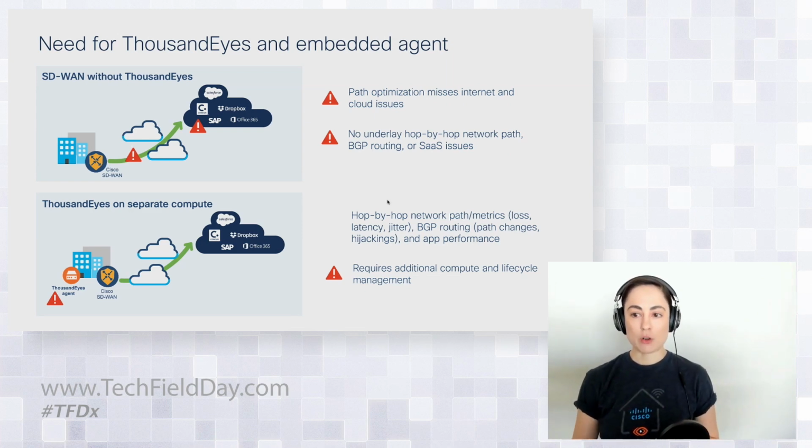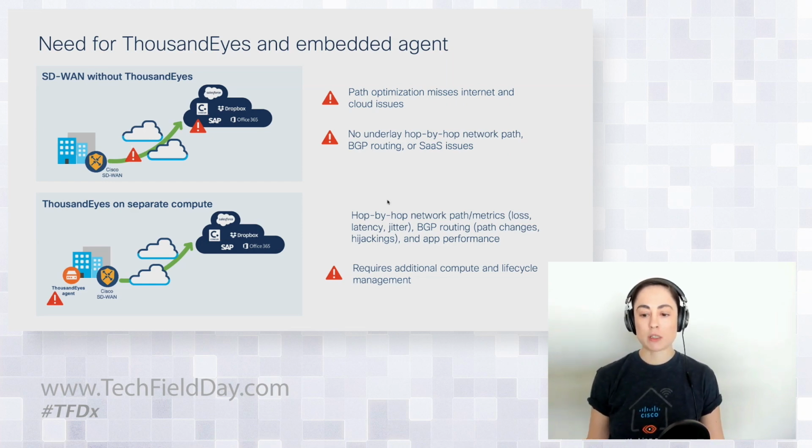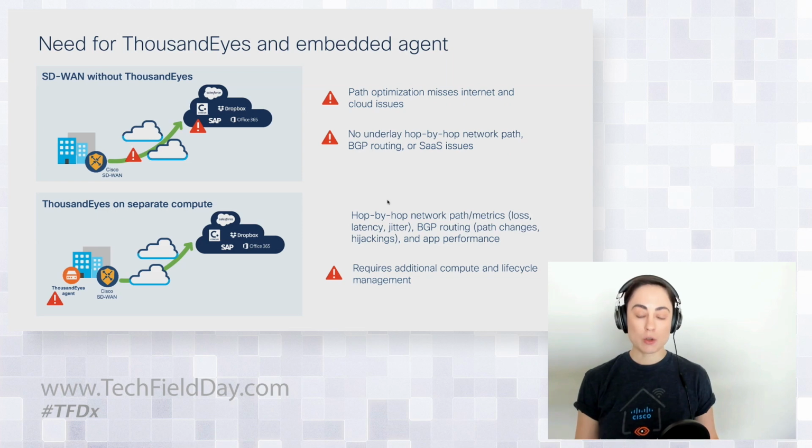But beyond the WAN, you're not able to see issues occurring further upstream in ISP providers or in cloud providers that may be impacting performance or the application itself. Also within the underlay for an SD-WAN fabric, if you've moved to SD-WAN, the implication is that you're much more internet dependent.